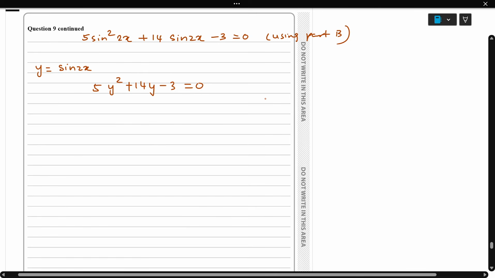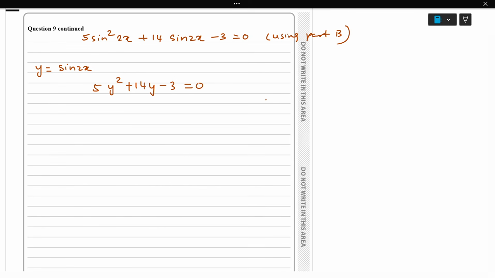For the multiplication we need to get negative 15, and for the addition we need to get 14. So the factors are 15 and negative 1. So 5y² plus 15y minus y minus 3 equals 0. Taking 5y out: y plus 3, then minus 1 out.